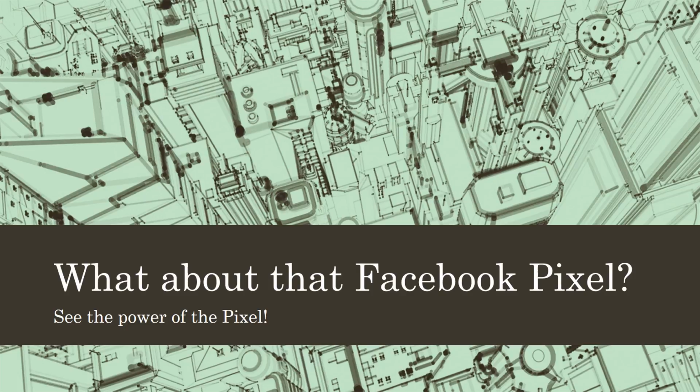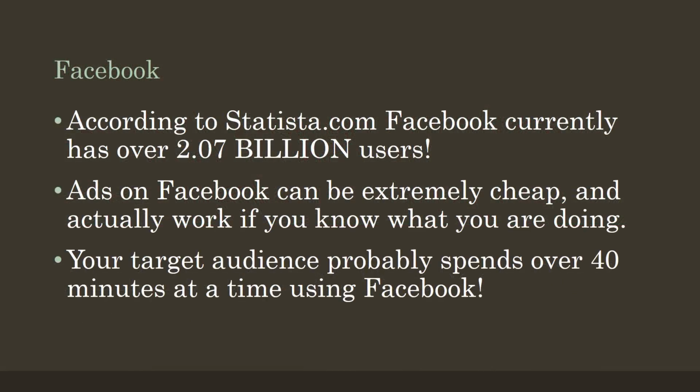Let me tell you a little bit about the process of advertising on Facebook, and specifically, what the heck is a pixel? According to Statista.com, Facebook is currently running over 2.07 billion users.